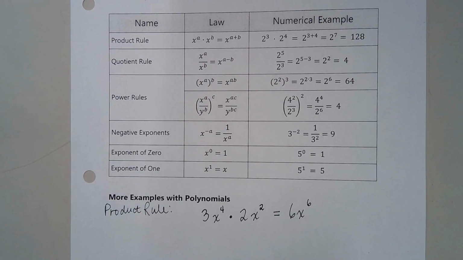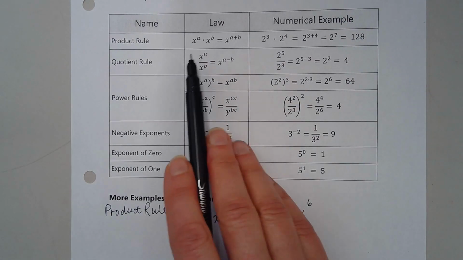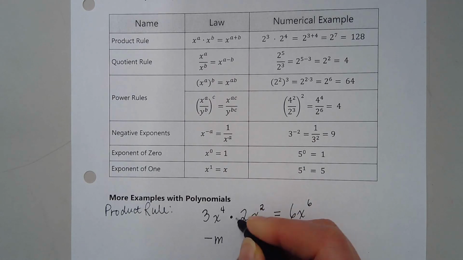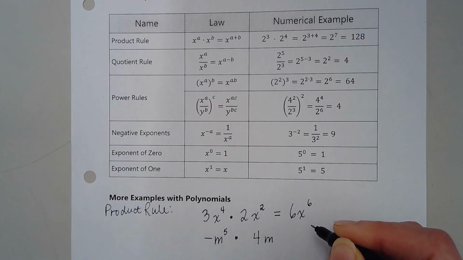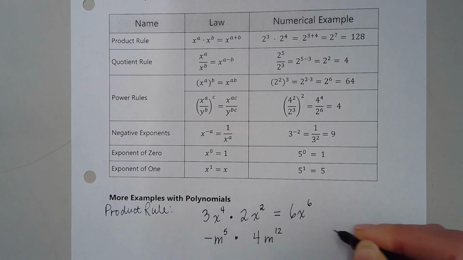So how do we do with variables? Well, this chart can tell you what to do with the variables. If I'm multiplying x times x's, I just add the exponents together, right? Let's do one more. What if I had negative m to the power 5 times 4m to the power 12?